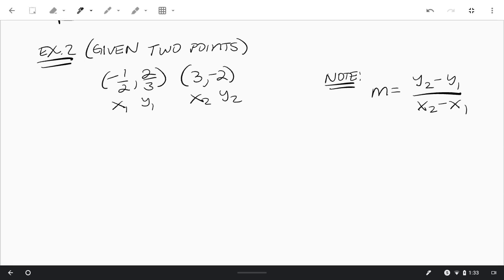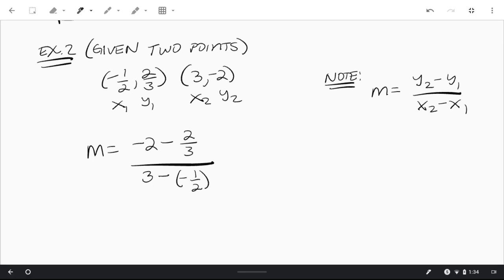All right, so according to our formula, we would do y2, which is -2, minus y1. Y1 is 2/3 over x2, which is positive 3, minus x1. x1 is negative 1/2, so I'll use parentheses here.